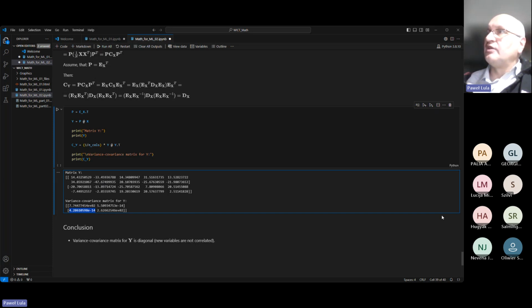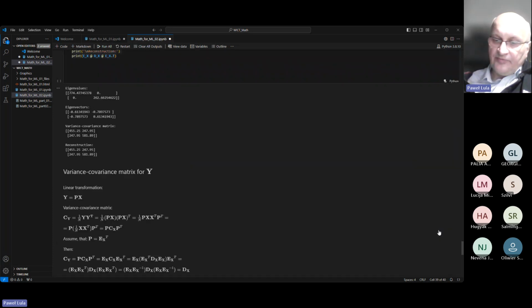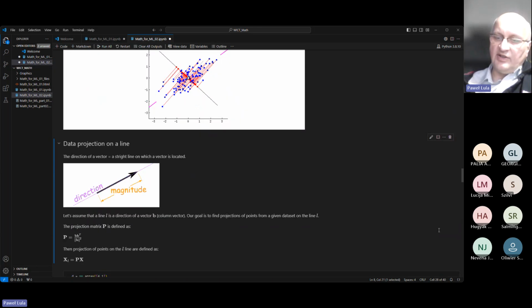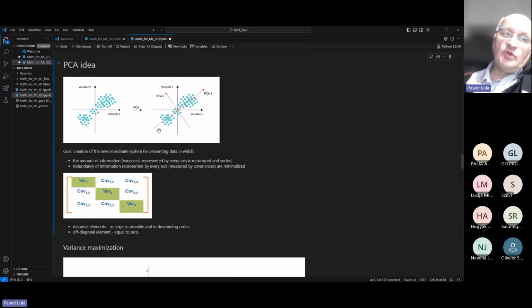So in practice, of course, we can say that principal component analysis is a method which we use for analyzing our data, in which we are trying to find this new coordinate system with these features which I mentioned before.